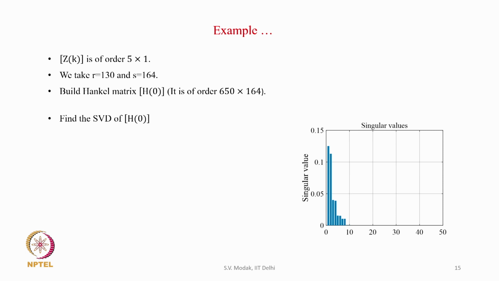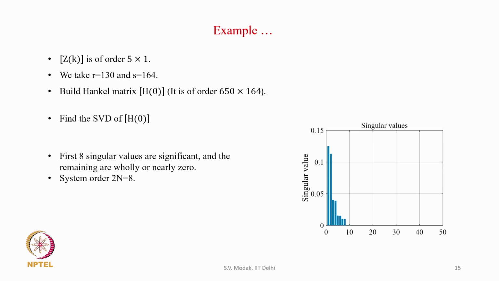What we observe is that the first 8 singular values are significant, they are non-zero, and after that the singular values are either 0 or nearly 0. So there are only 8 significant singular values. The rest we drop and retain only these 8, so the system order is 2n equal to 8. So there are 4 physical modes.